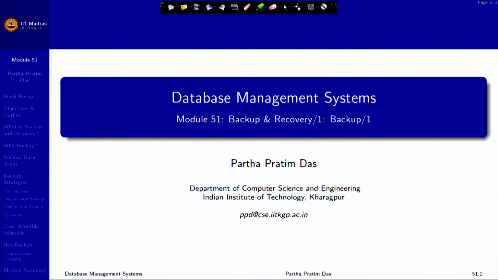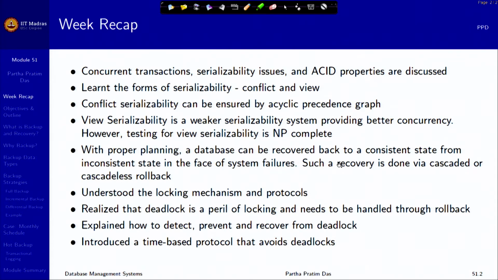In the last week, we have talked extensively about transactions, that is how to perform various types of tasks in the databases, and what are the desired properties of atomicity, consistency, isolation and durability that we need to ensure in a transaction to keep the database consistent and everything going perfect.